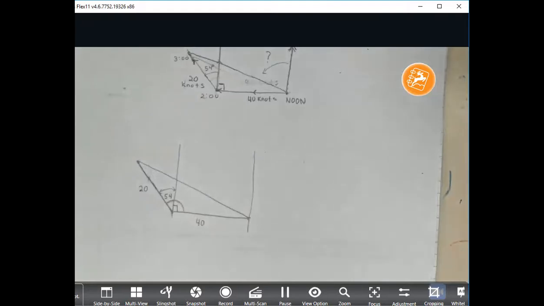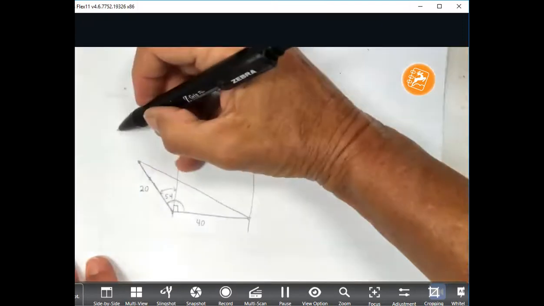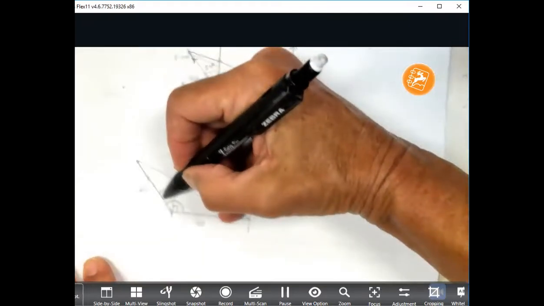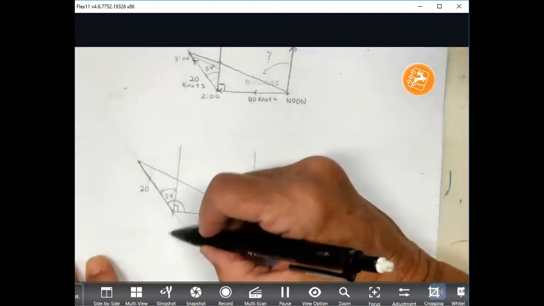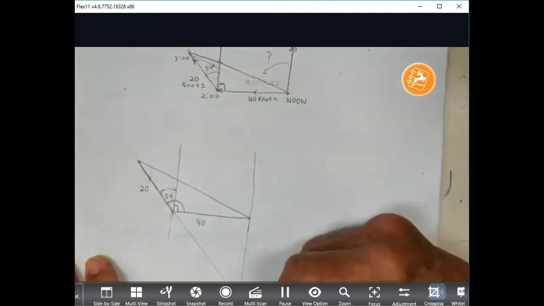The line is 20 now. Why not extend that and make that a transversal? Does that help?